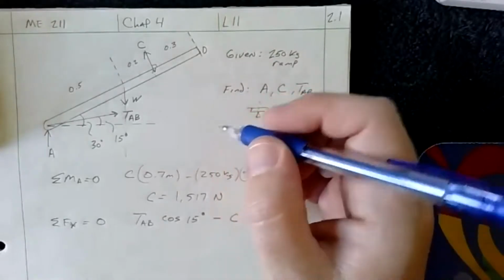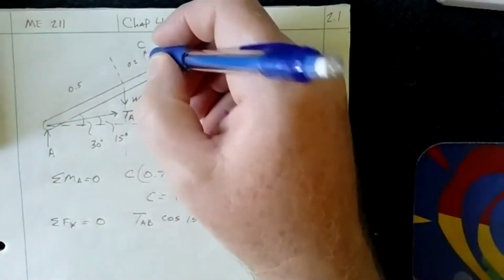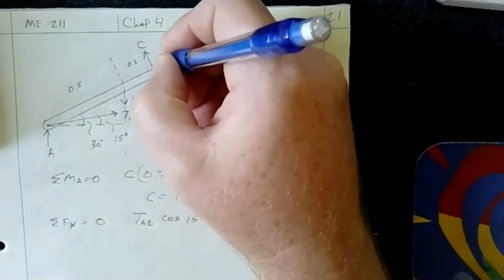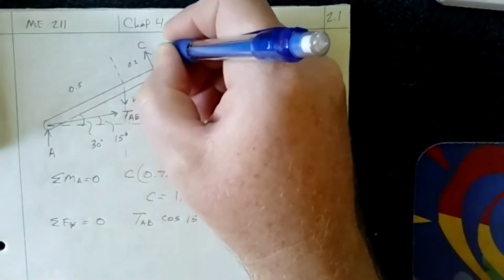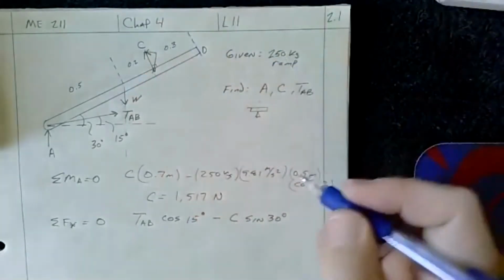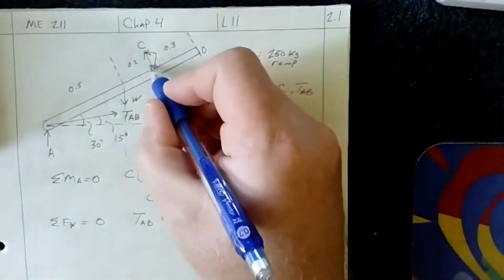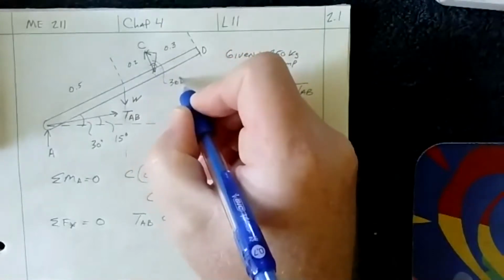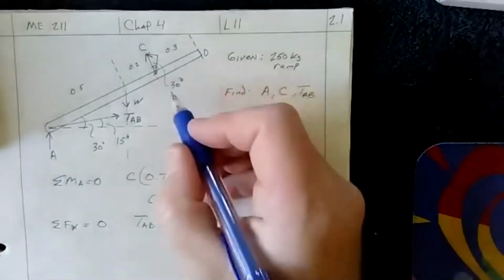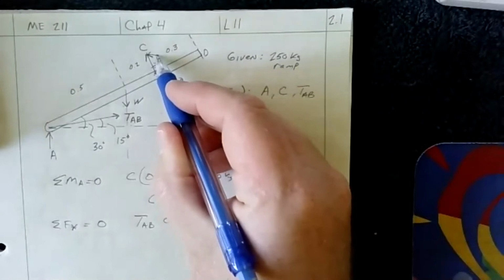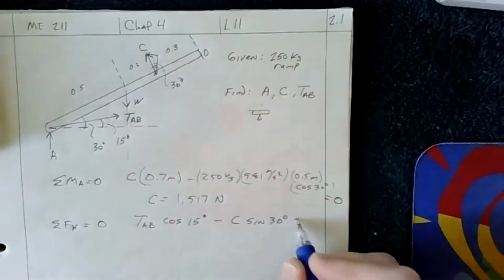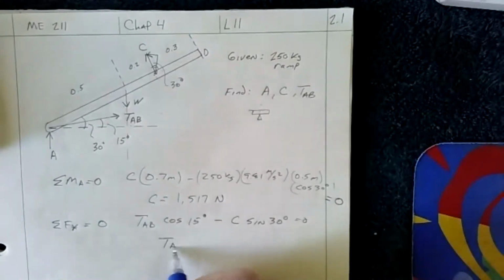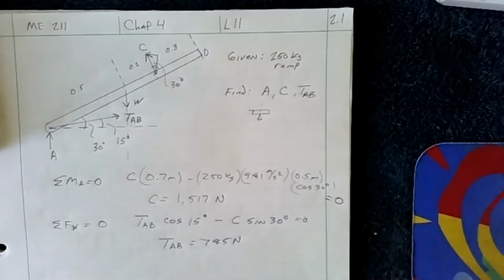I know that if this is pointing up, this force can be broken into a force going like this and a force going like that, where this angle here has to be 30 degrees. So it's this little component, C sine 30, that's giving me this. And that equals 0. So my tension AB gives me a value of 785 newtons.